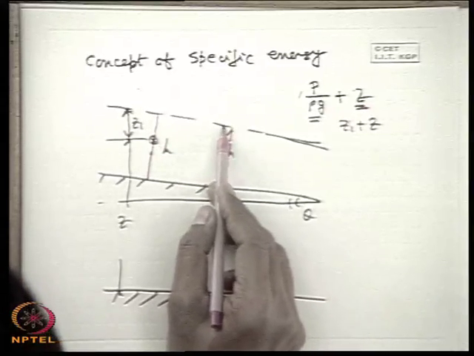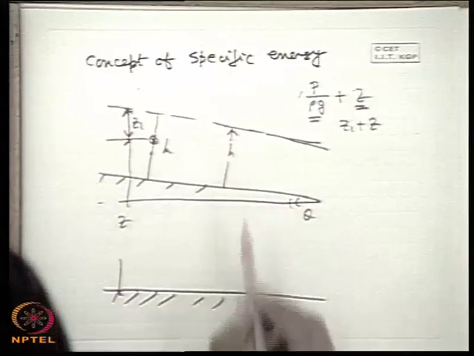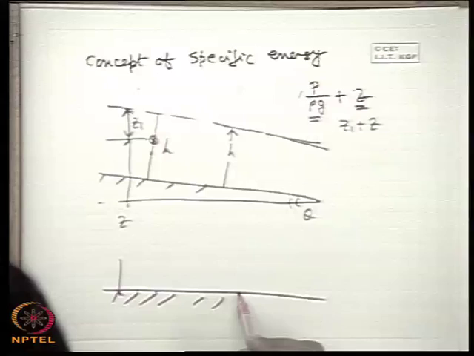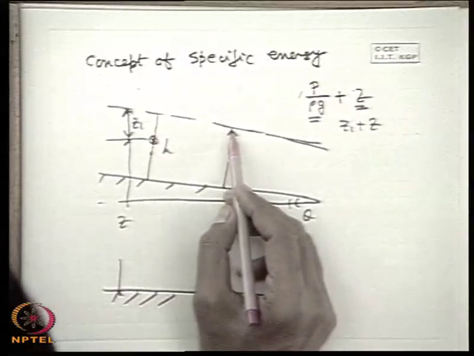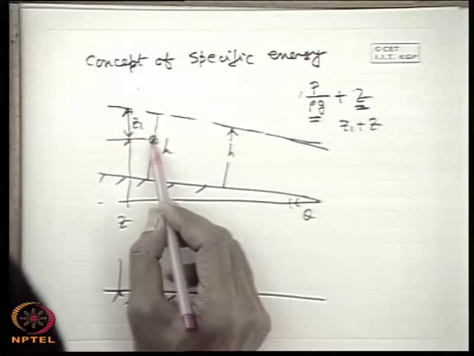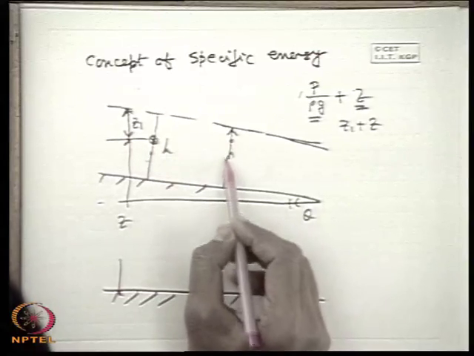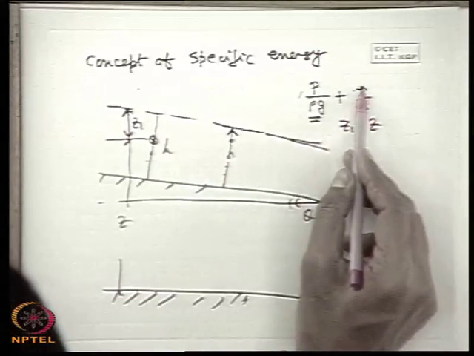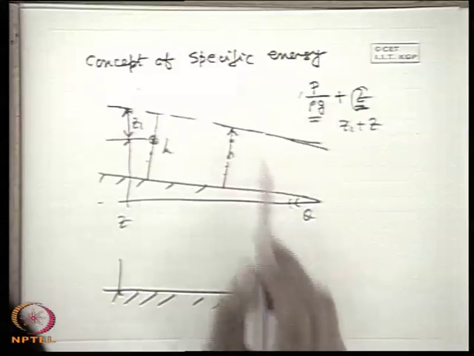So, therefore, if I know the depth of flow at a particular section, then the vertical height from the reference datum up to the free surface at that section represents the sum of the pressure energy and the potential energy for any point in that section.